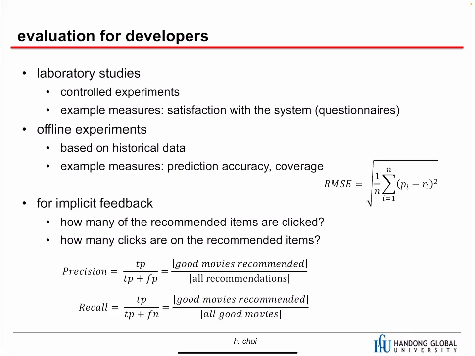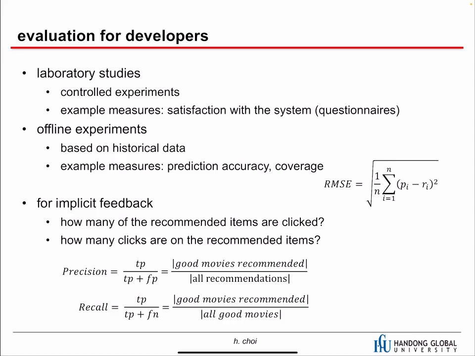First one, laboratory studies. In this case, we can control the experiments and simulate the situation, and then train and evaluate in the simulation. But the problem is, if there is a gap between this simulation and the actual system, then this solution is not the best solution.